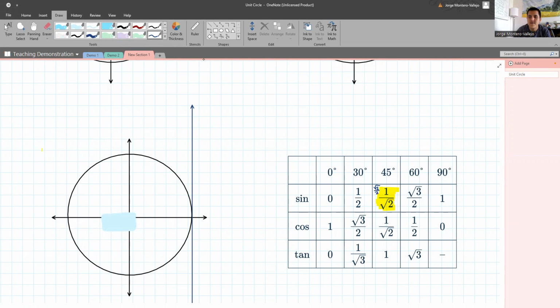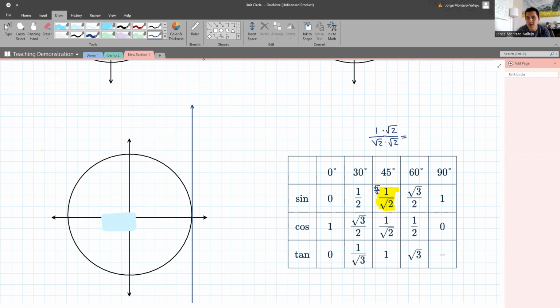Because if we take 1 over the square root of 2 and rationalize it, which means we multiply the square root of 2 in the denominator by another square root of 2, remember that when you do that, you also need to multiply the numerator by the same number, right?